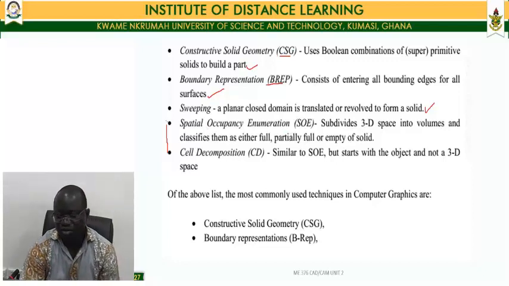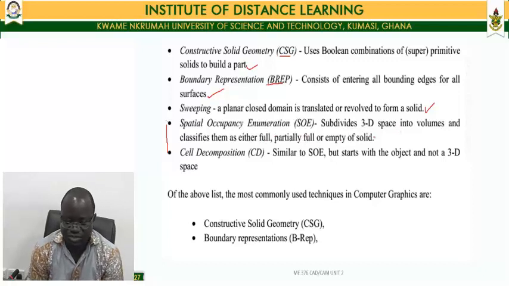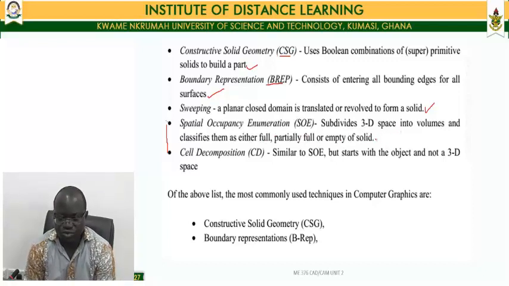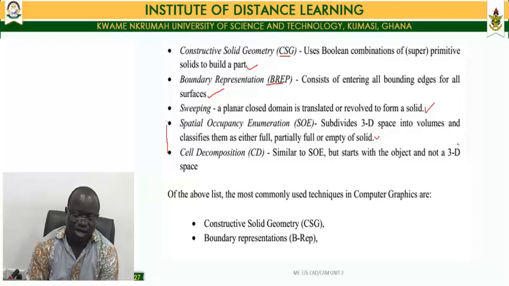Sometimes there are very complex shapes that you want to model, and these shapes are not clearly defined by standard geometries. So you take the whole three-dimensional space and divide it into volumes.